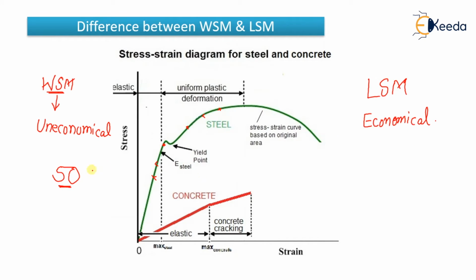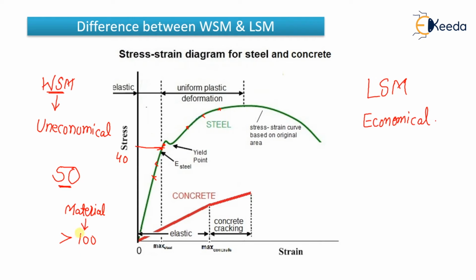For example, we considered the ultimate point here, but we will not allow it to go beyond this. Even if, let us assume that you are using a particular material and it has the capacity to resist stresses greater than 100, and up to this point suppose the stress is only 40.